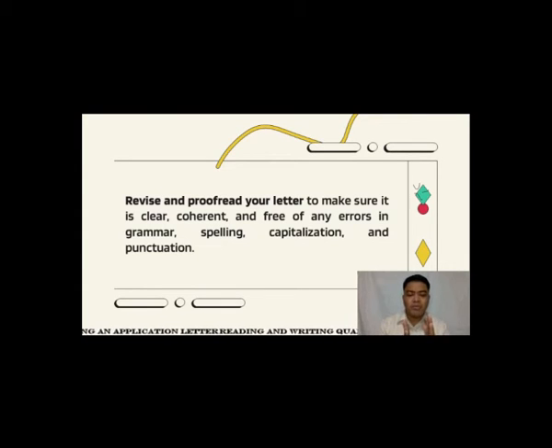You have to make sure that what you have learned previously from grade 1 to grade 10 or even to grade 11 after you graduate, you have to remember to use your grammar, to use correct spelling, to use proper capitalization and punctuation. Okay? You have to be clear, coherent, and free of any errors in your application letter for employment.